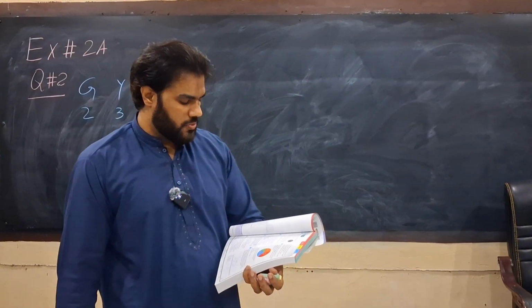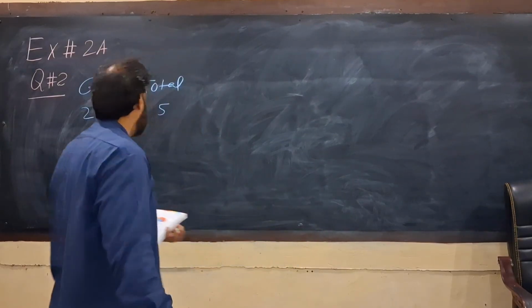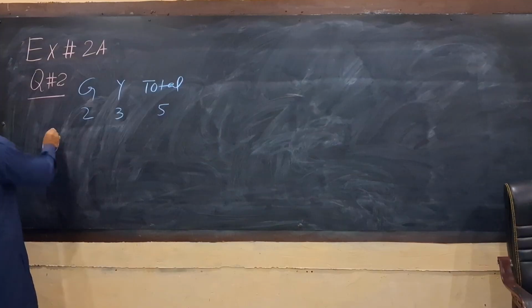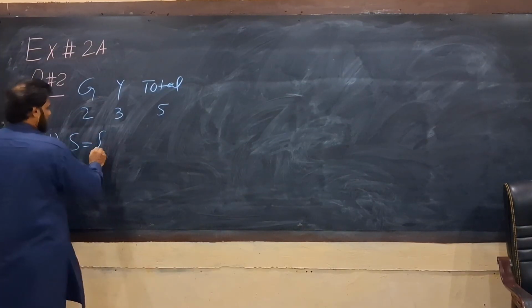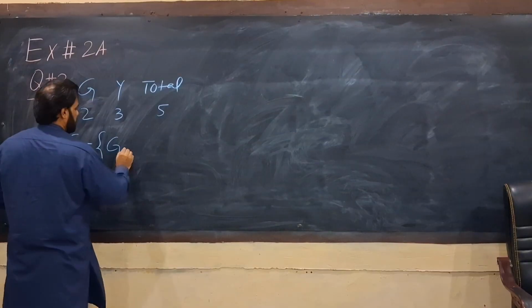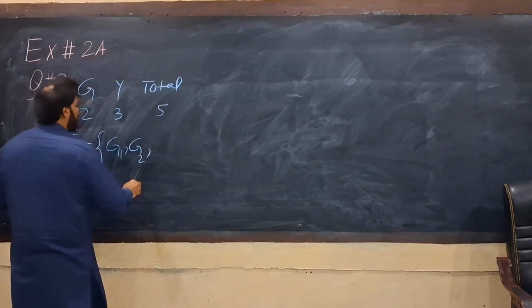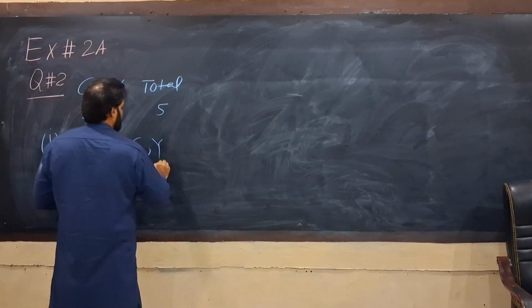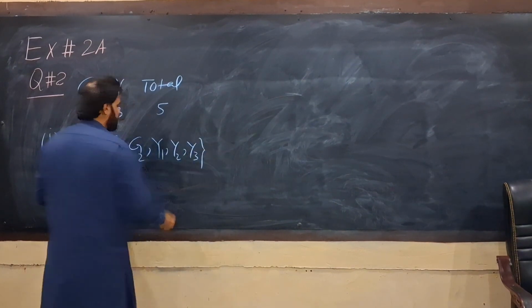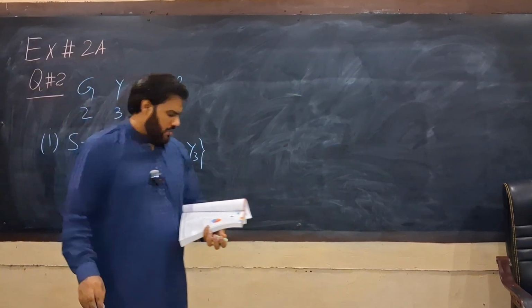List the sample space in set notation. Firstly, we have to make the sample space. The sample space S is given by: there are 2 green marbles, so we will write G1, G2, and there are 3 yellow marbles, so you will write Y1, Y2, Y3. So this is the simple sample space.